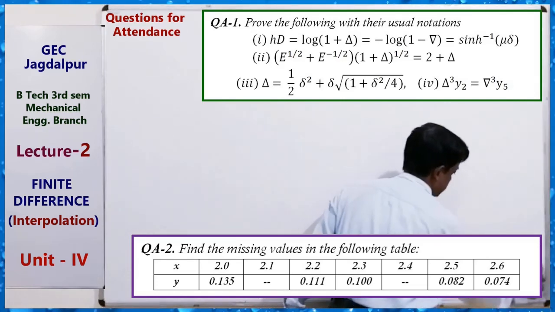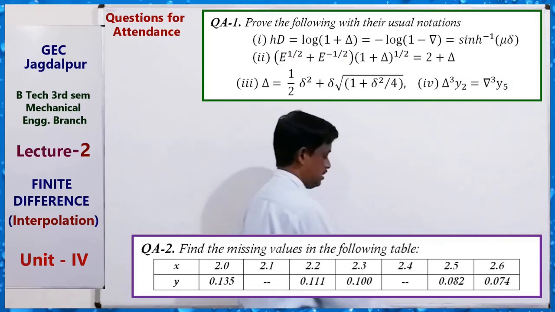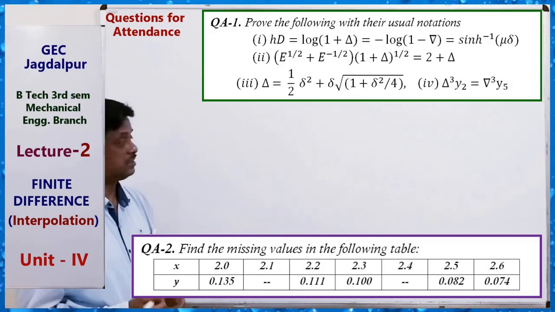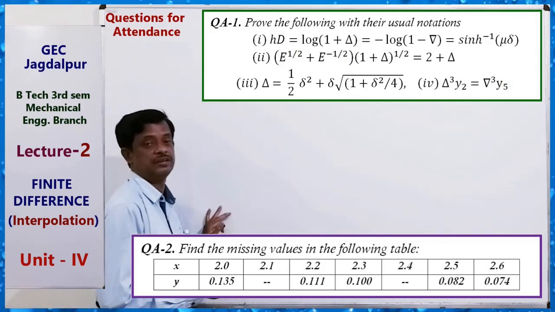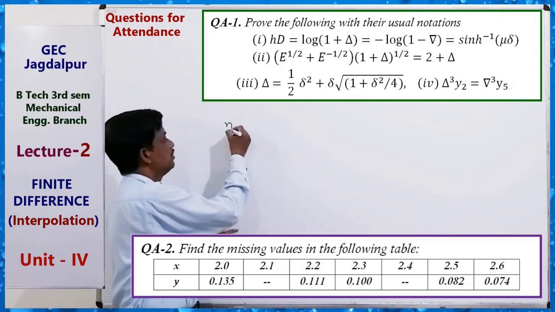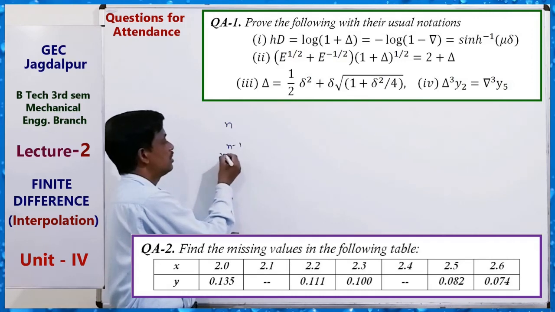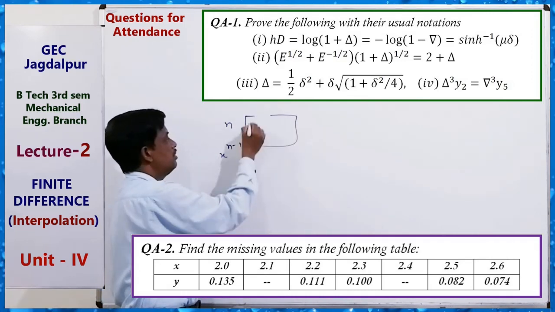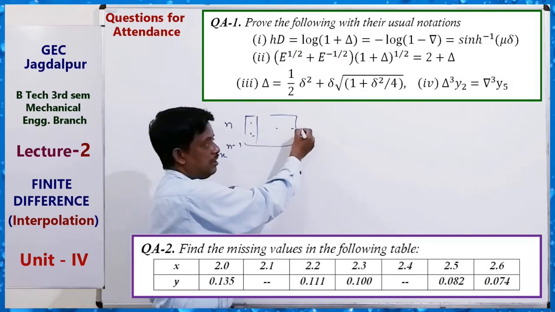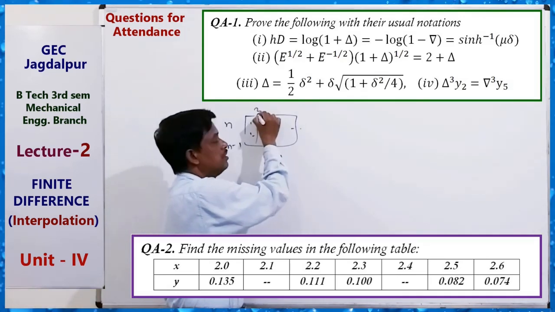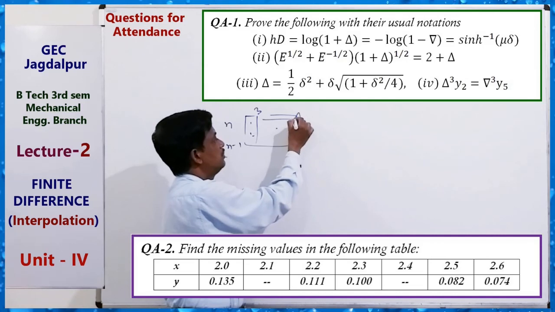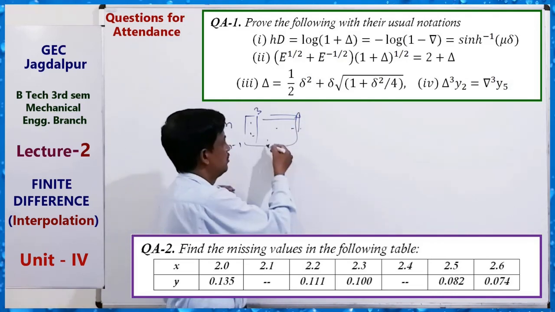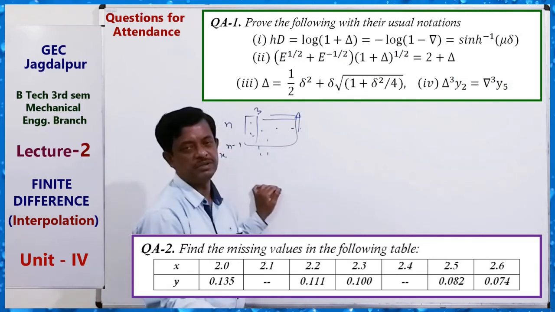Always remember that for solving missing term questions, if n entries are given, then an n minus 1 degree polynomial can be approximated. Then create the table; suppose 3 entries are given, then the third difference will be constant and the fourth difference 0, and we can find missing terms.